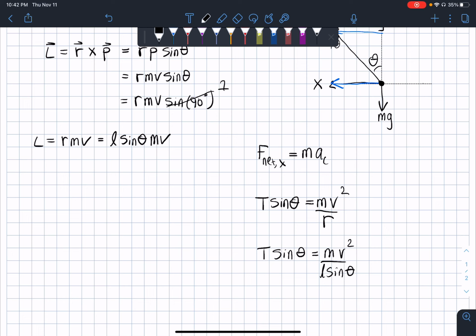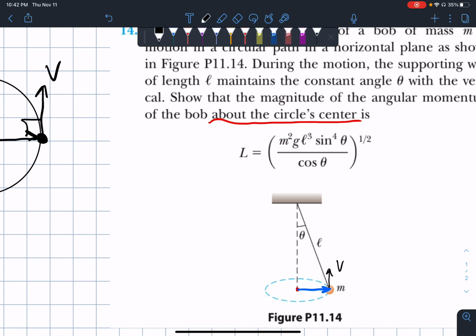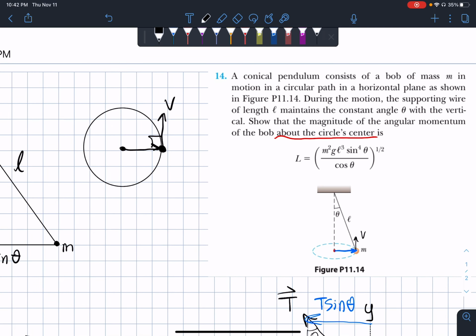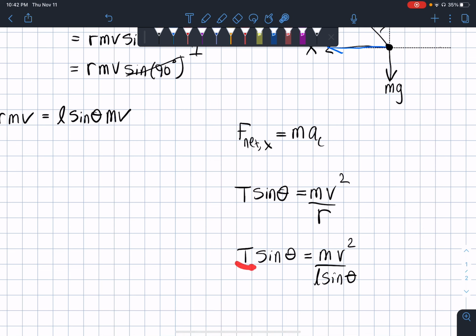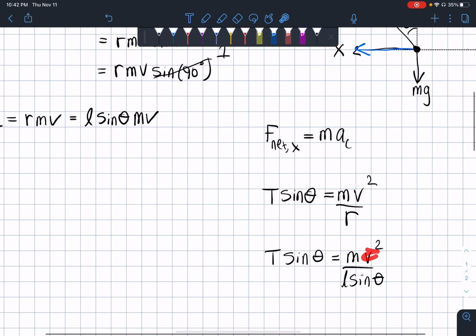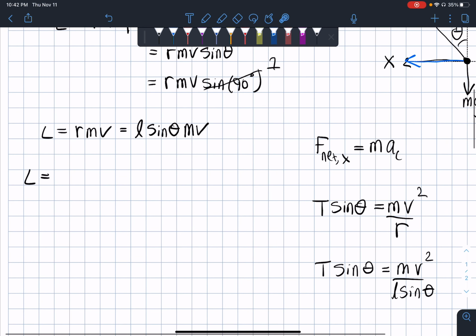Okay, so we're trying to get L equal to this thing right here, which has no v's and no T's, and we have a T right here, v here, and v here. So we're going to need to get rid of those variables somehow.